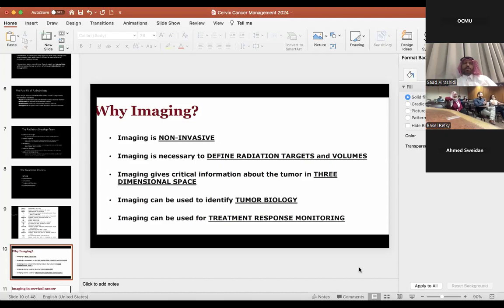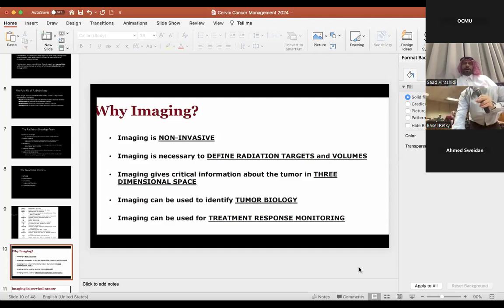So yes, you want to make sure you take the onset and duration of the symptoms, as well as any symptoms that suggest local extension, so urological or GI symptoms.